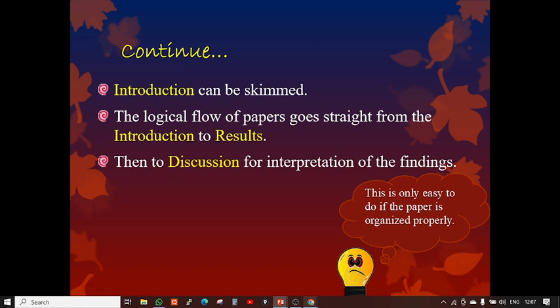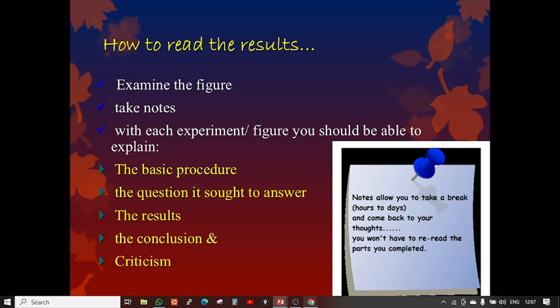After that, go directly to the results and decide whether the data published are acceptable or not. Then go to the discussion section, interpret the results according to your own view, and criticize the discussion of the publishers or the writers.